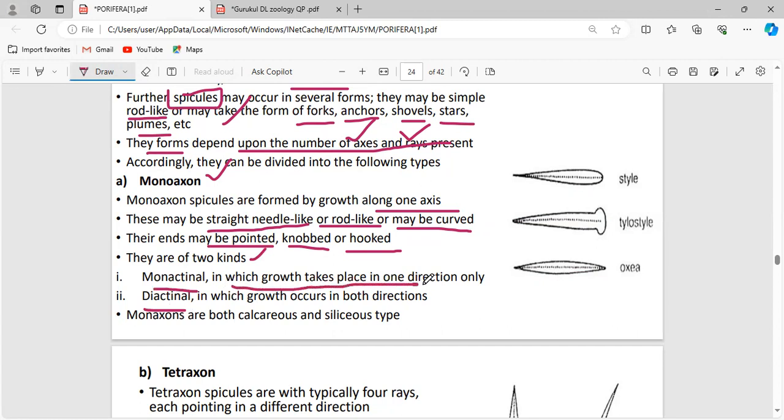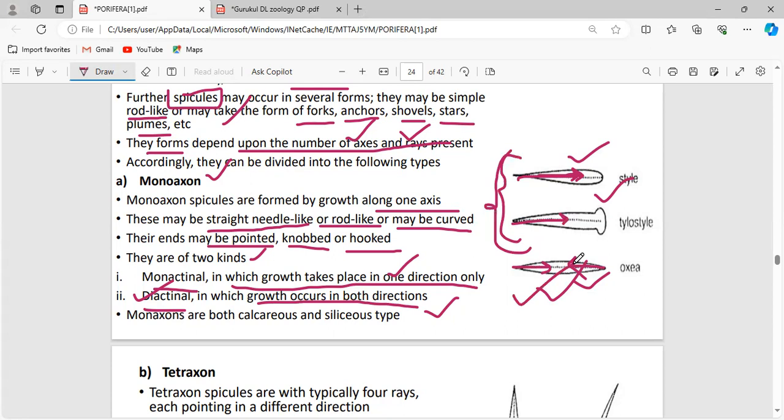If growth takes place only in one direction, that is said to be monactinal, and if the growth occurs in both directions, then it is said to be diactinal. The first two are monactinal and the second one is diactinal, because growth takes place from here also and from here also. In monactinal, the growth takes place in only one direction. That is why this is monactinal and this is diactinal in nature.